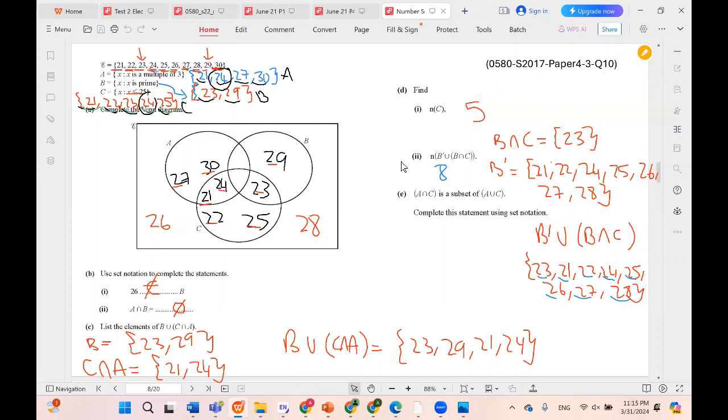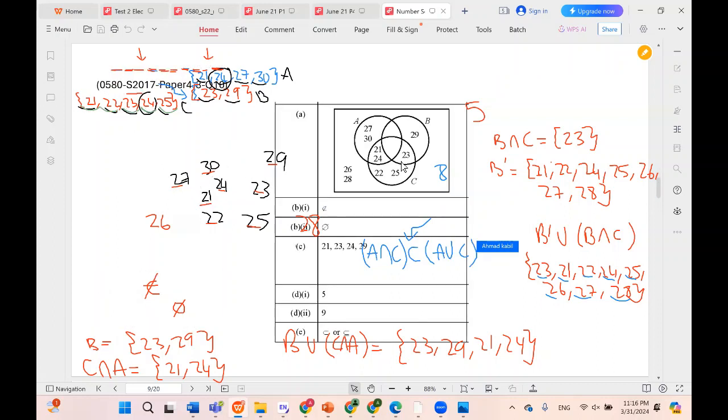In E, we are told A intersects C is a subset of A union C, and we want to complete this statement using set notation. So all we have to do here is just write A intersects C is a subset of A union C. And these are the answers of the marking scheme, and we seem to have obtained the correct answers for everything.